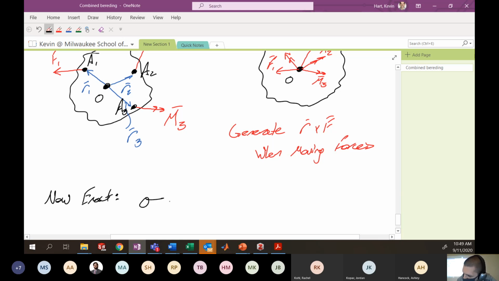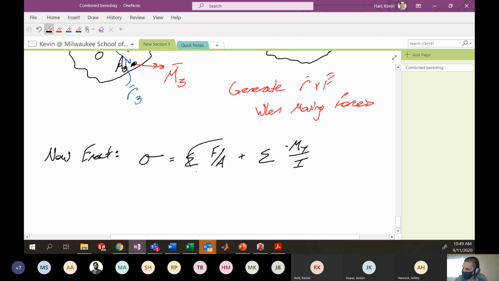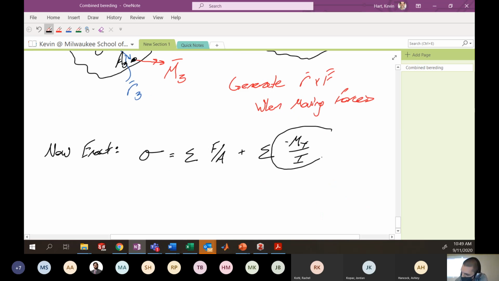The stress at point O is the summation of the individual forces on the cross-section on which they act, plus the summation of negative My over I. So I could look at the contribution of all the individual forces on my relocated structure and figure out the axial loads that come from them using that beginning portion of the method of superposition. I could also figure out the bending contribution from the individual moments that I get by relocating them to point O, using this portion of the method of superposition.